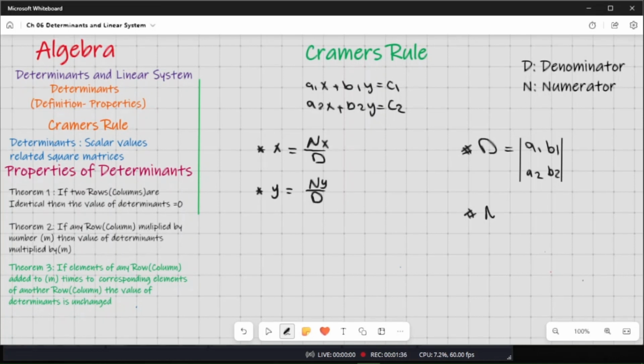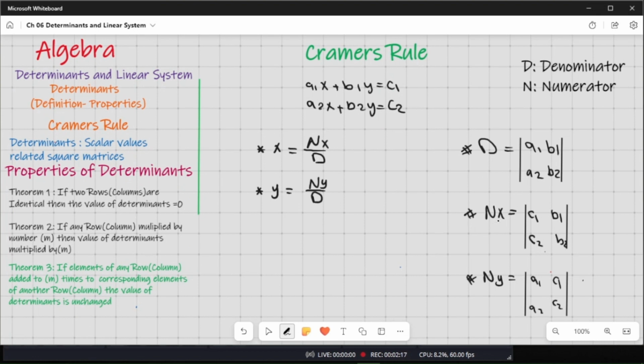Here nx equals the determinant of c1 b1, c2 b2, and ny equals the determinant of a1 c1, a2 c2.